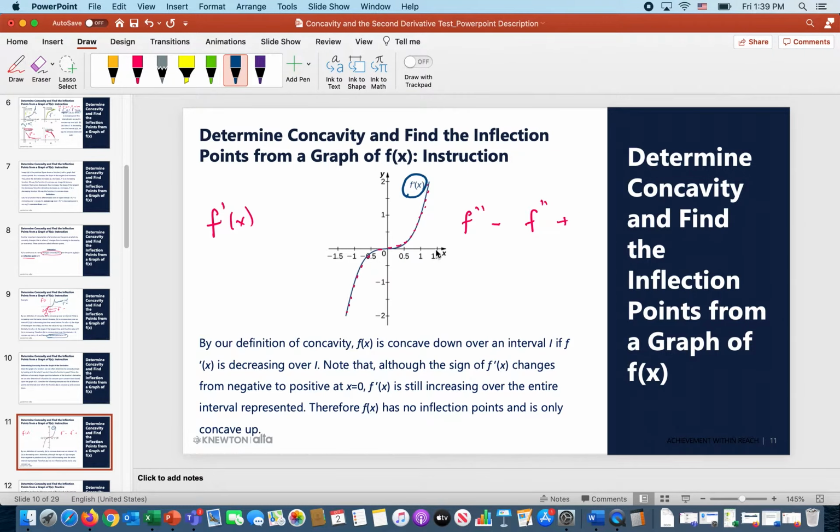So now, back in our problem here, this doesn't happen. The values of the first derivative, f prime of x, are less than 0 right here. But remember, to discuss concavity, we're talking about the second derivative.